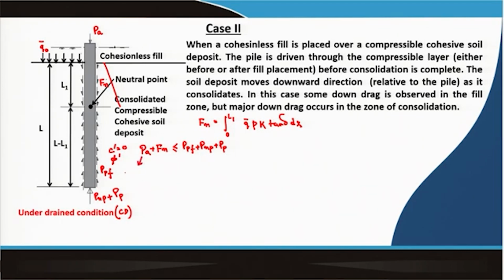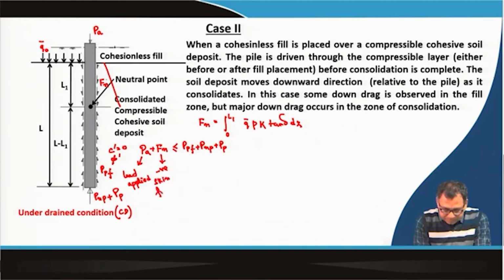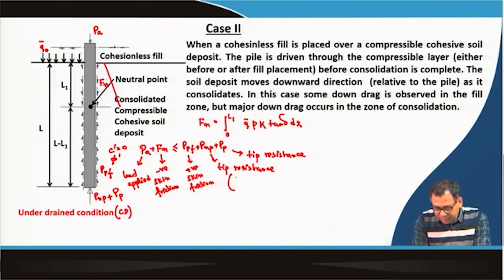So, this is the load applied, that is the negative skin friction, this is the positive skin friction, this is the tip resistance, and this is the tip resistance during mobilization of friction resistance.